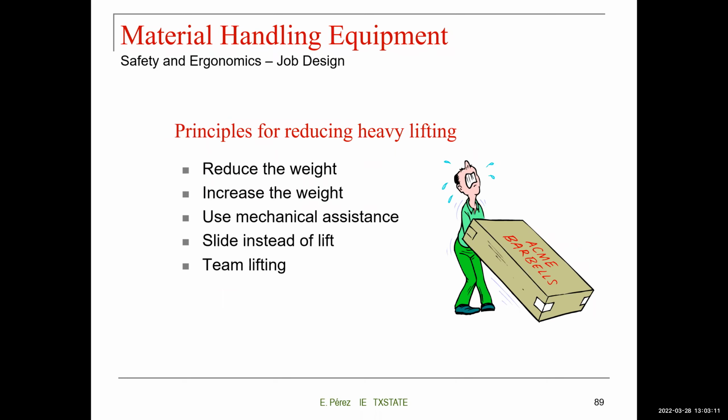Principles for reducing heavy lifting: reduce the weight, use mechanical assistance, slide instead of lift, team lifting. All those are options. Material handling equipment, the ones that we discussed, will help you lift some of these so the employee doesn't have to move outwardly when putting together these orders.